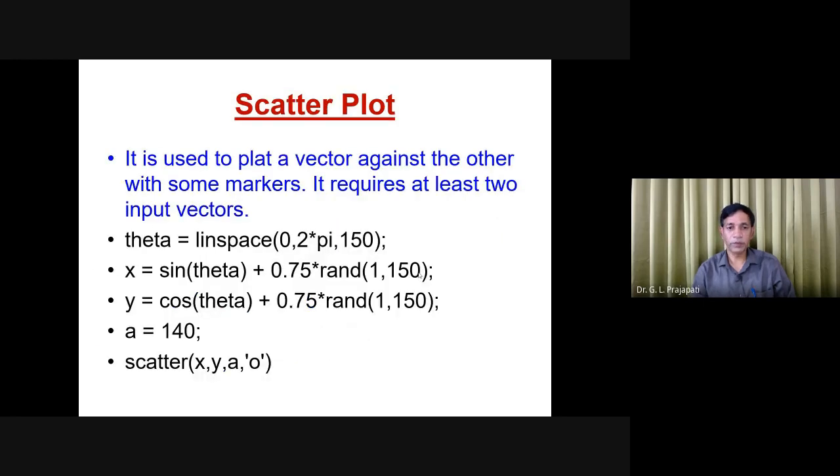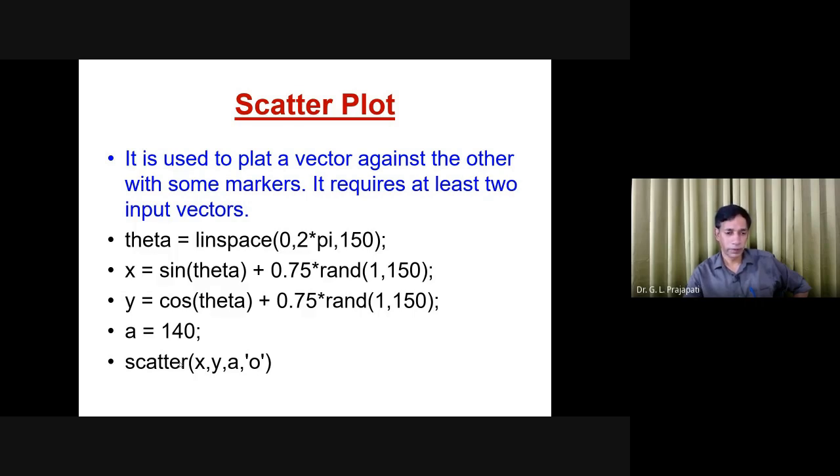The other way to do this is to use the function scatter. Once you use scatter, it automatically constructs only the points. It is used to plot one vector against the other with some markers, and it requires at least 2 input vectors.